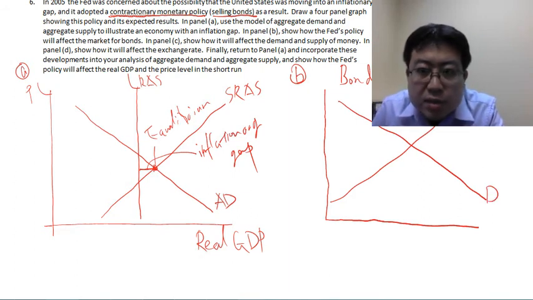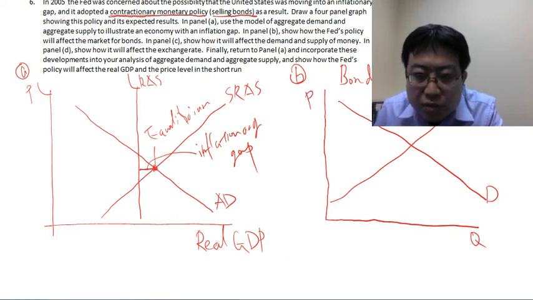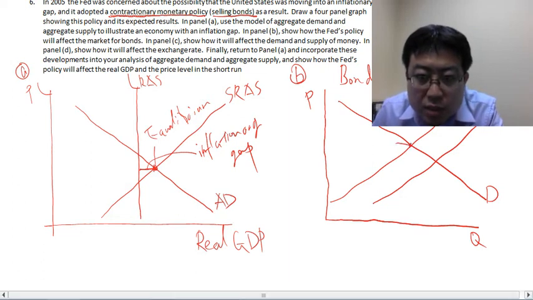When government sells more bonds, that means there is more supply of bonds. So price, quantity. More supply of bonds, we're going to increase our supply curve to the right. So S1 and S2. When you increase the supply curve to the right, the bond price will change. So this will be P1, this will be P2.